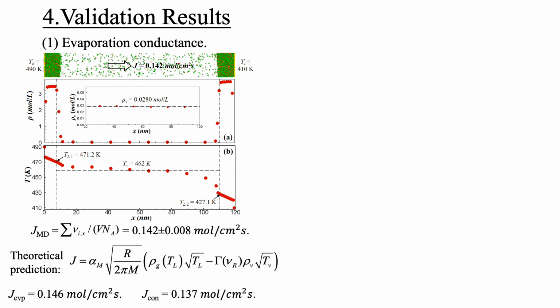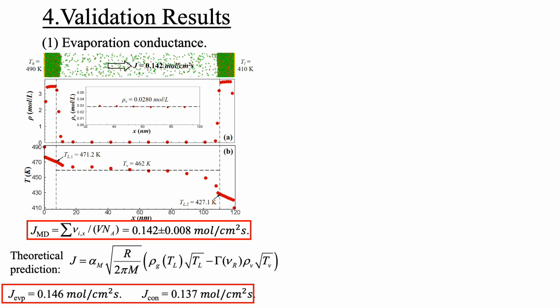The results obtained from these simulations offered a favorable agreement to the results that were predicted by the kinetic theory of gases relations. For the simulation of the evaporation mechanism, the molar flux obtained directly from MD methods is compared to the prediction of the trade relation for the evaporating and condensing surfaces. The MD result has a good agreement with both predictions, as it is close to the average molar flux experienced between both surfaces.